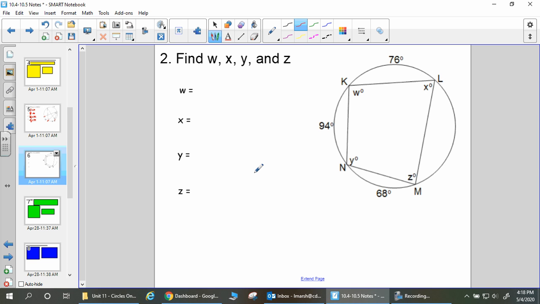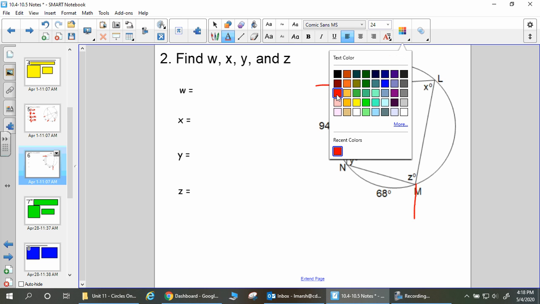Let's try something else. So X is supposed to come next. So let's try X. Here's X. It comes out here, comes out here. So I need all of this. So what you notice is this actually is using both of these pieces, the 94 and the 68.